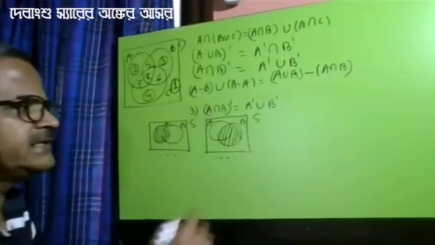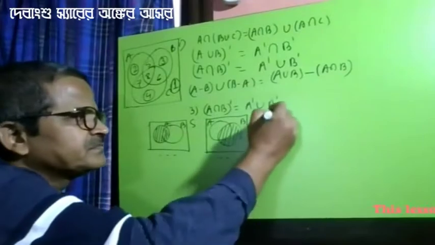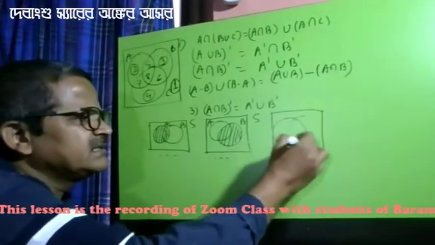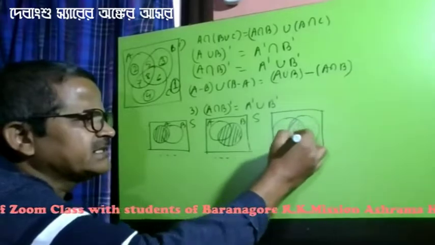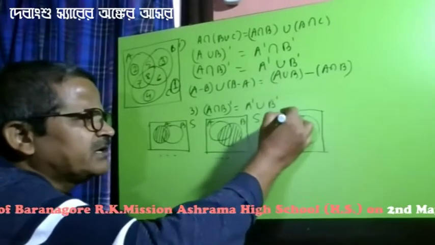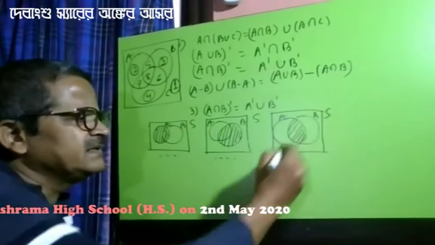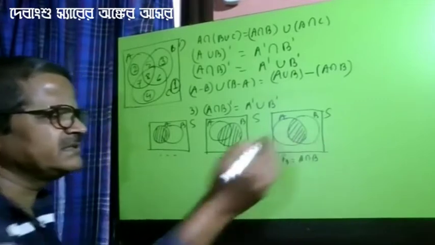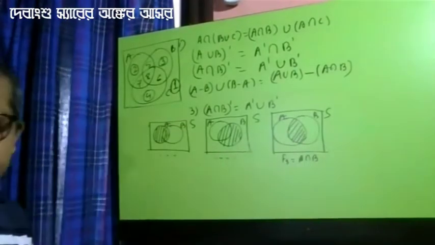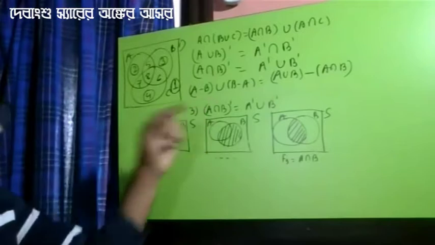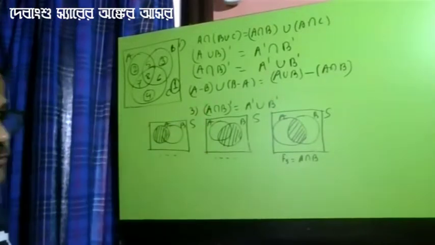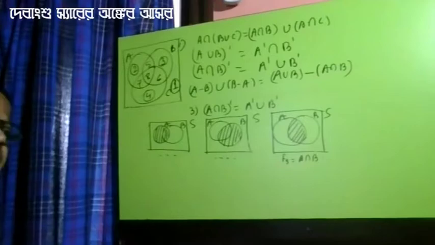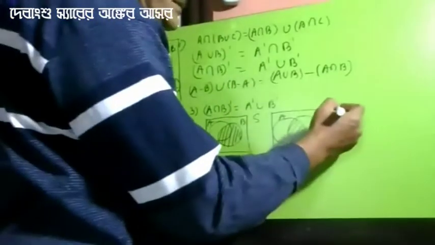Next comes A intersection B. This is A, this is B. So A intersection B is the common part of A and B. Now I have to take the complement of A intersection B, that is, the portion except A intersection B is to be shaded.